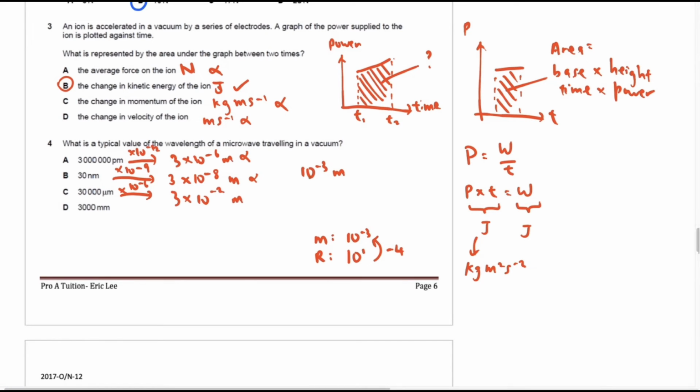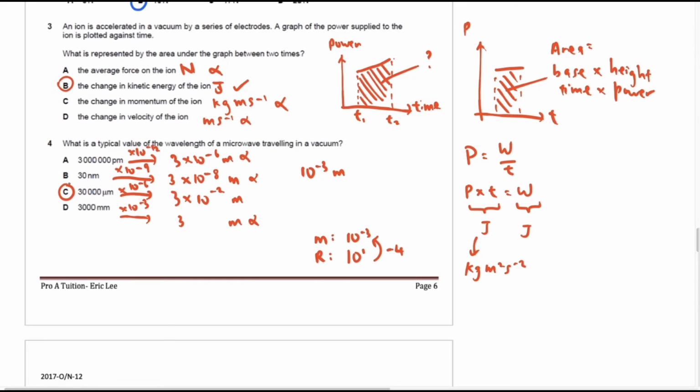So very close to this one. Okay, so finally we have 10 to the power of -3 to remove the milli. So 3,000 times 10 to the power -3. Okay, so we get 3. This is wrong. So this is the closest.